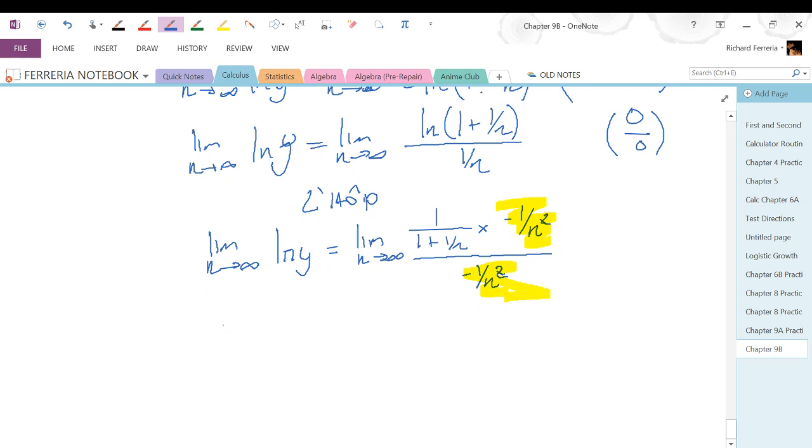And what's left over is going to be equal to the limit as n approaches infinity of 1 over 1 plus 1 over n. As n goes to infinity, that becomes 1 over 1 plus 0, which is just 1.